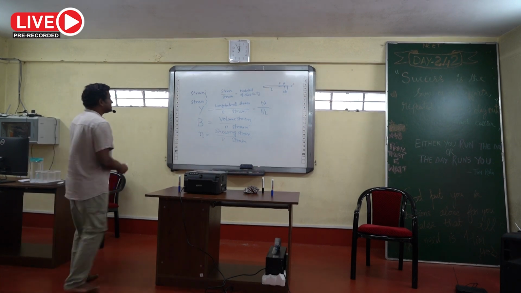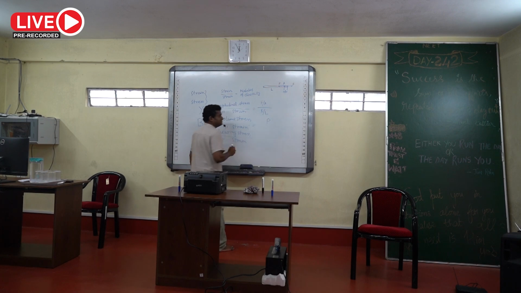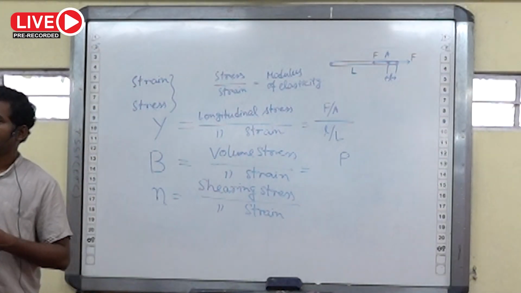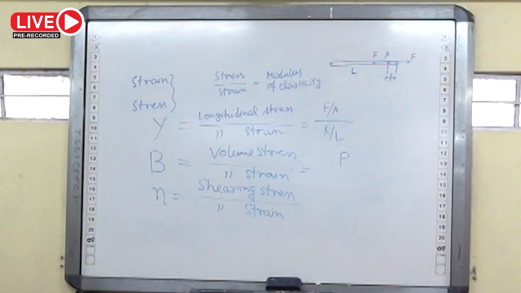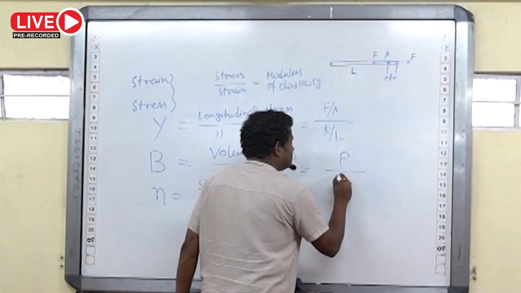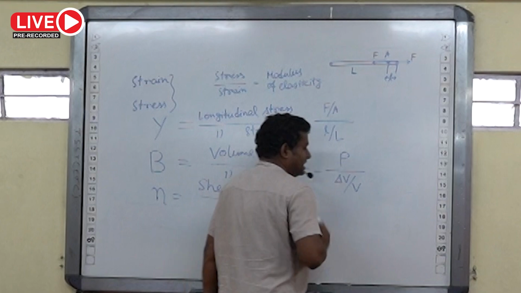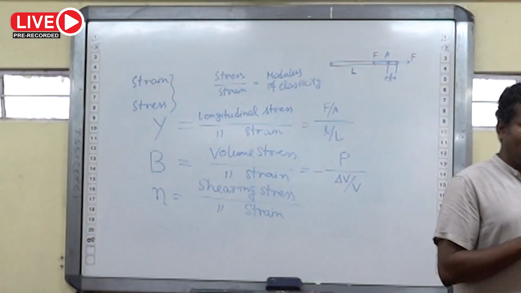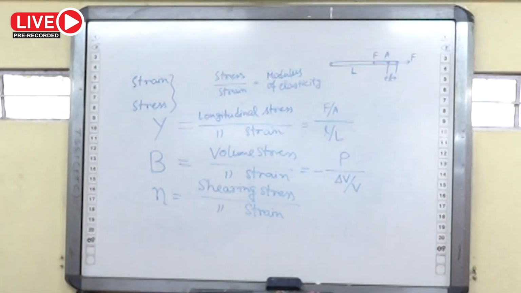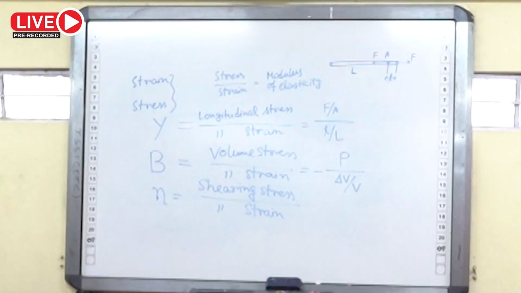So volume stress is itself the pressure applied, P, divided by change in volume per unit volume. Change in volume is considered as delta V, but put a minus sign, because if pressure increases then volume will decrease. So that's why we have to put a minus sign before this bulk modulus.